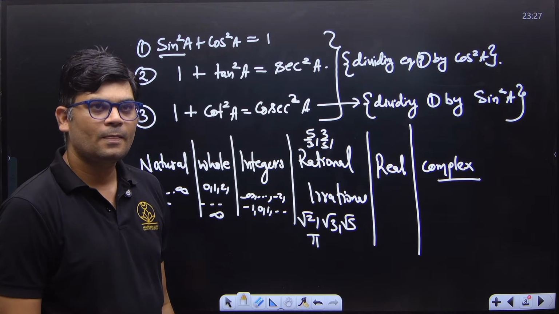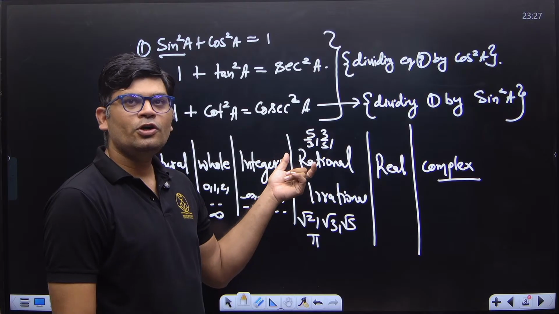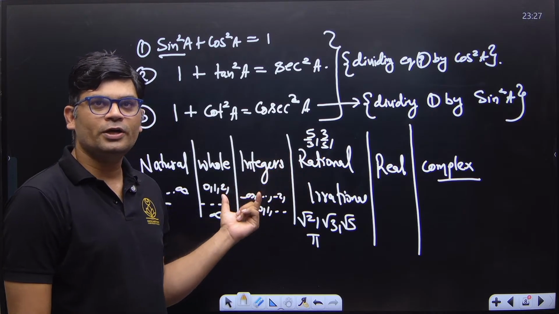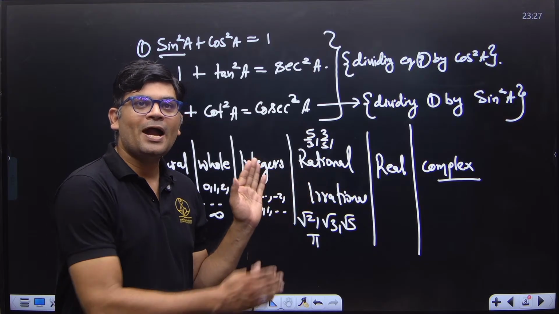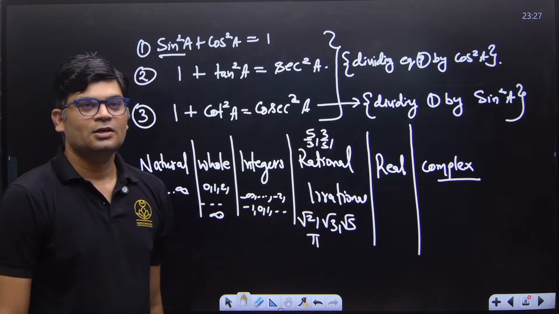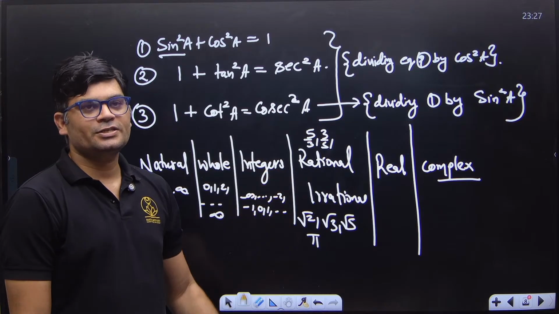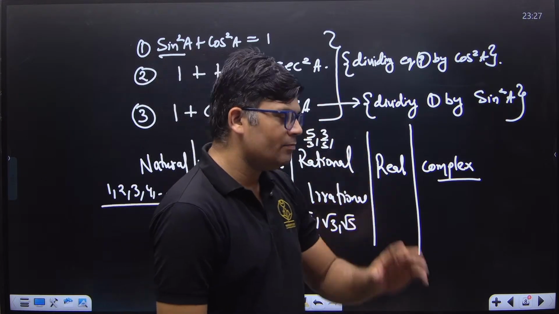Wait, so what are rational numbers? I told you fractions also got included. It is not only fractions; it includes fractions apart from all these numbers. See, any number can be written in the form of p by q.